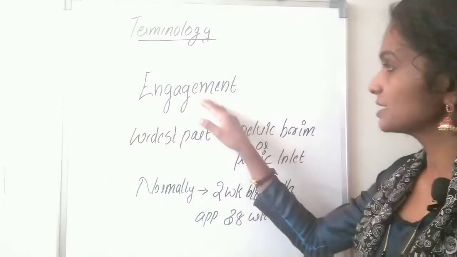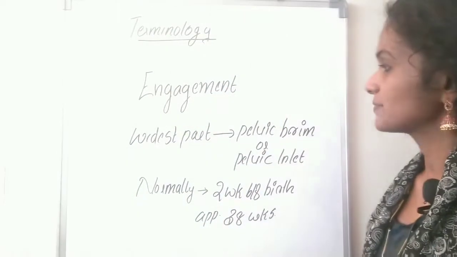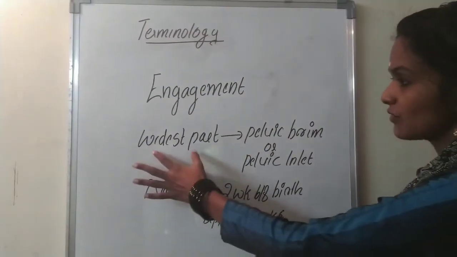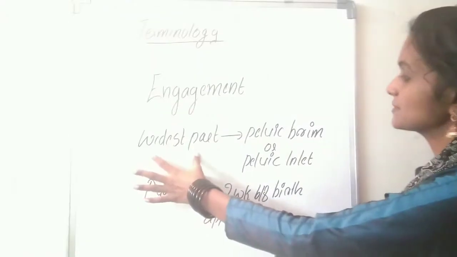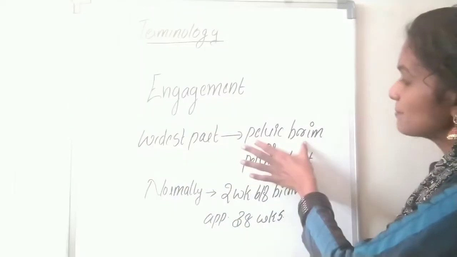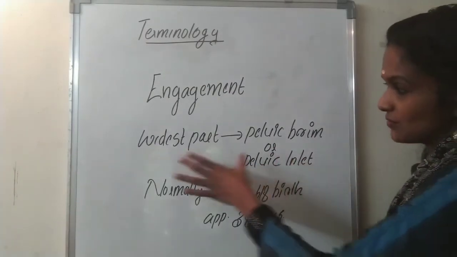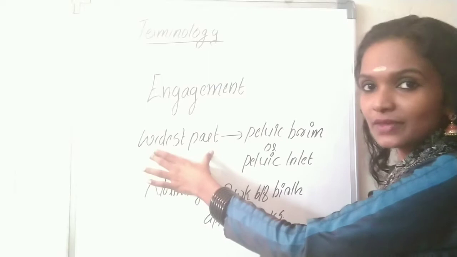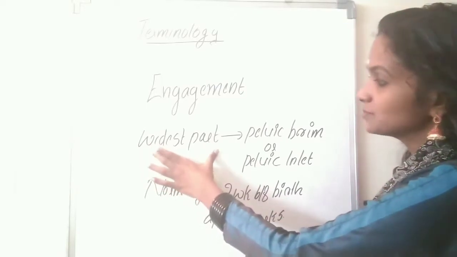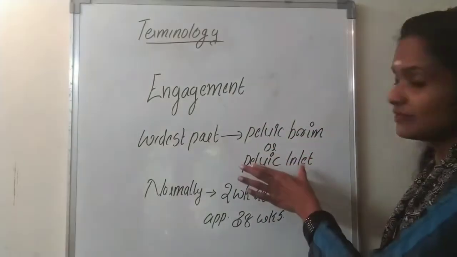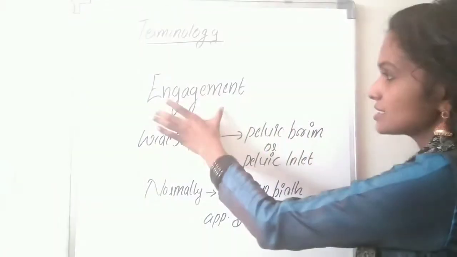Next is engagement. So what does engagement mean? It is the process of the widest part of the fetus entering the pelvic brim or the pelvic inlet of the mother. The widest part, of course, is the head. Once the widest part of the fetus enters the pelvic brim or the pelvic inlet, that process is known as engagement.